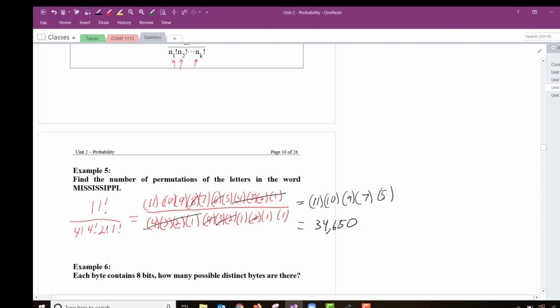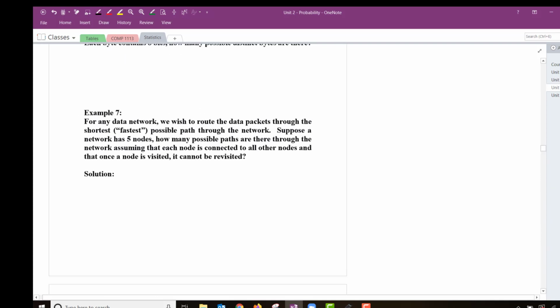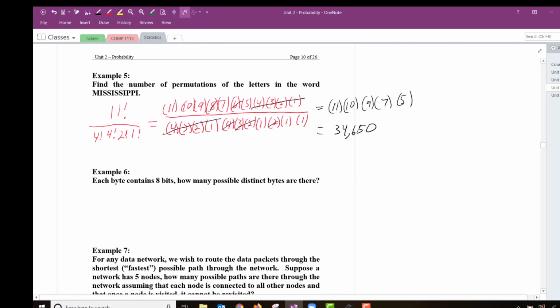Some more counting examples to go through here. A byte consists of 8 bits. How many different bytes are there? I think we'll just approach this with the multiplication rule. A byte has 8 spots, and a bit is a 0 or a 1.